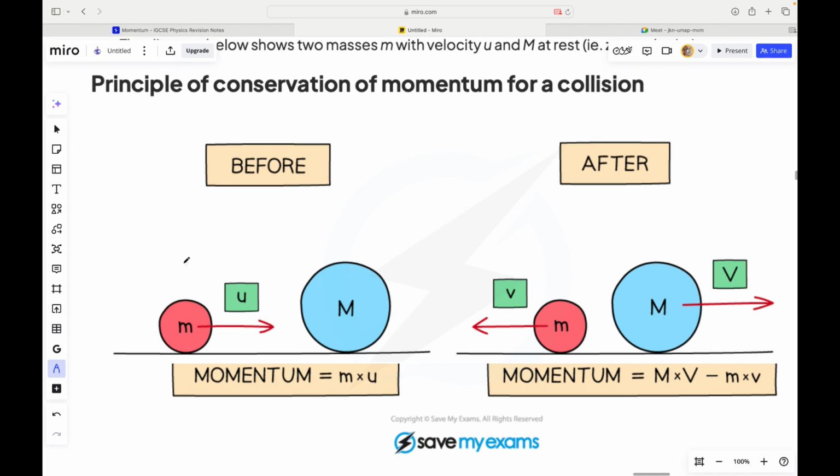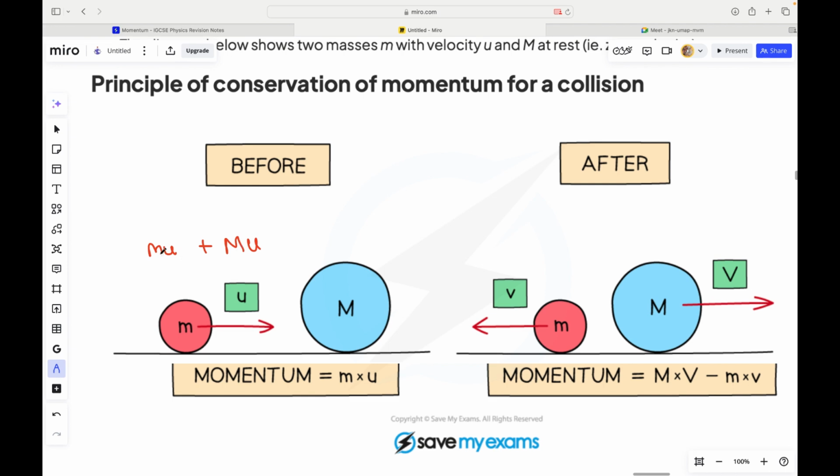So we do the momentum of this one, small m multiplied by small u, plus the momentum of this one, big M multiplied by big U.